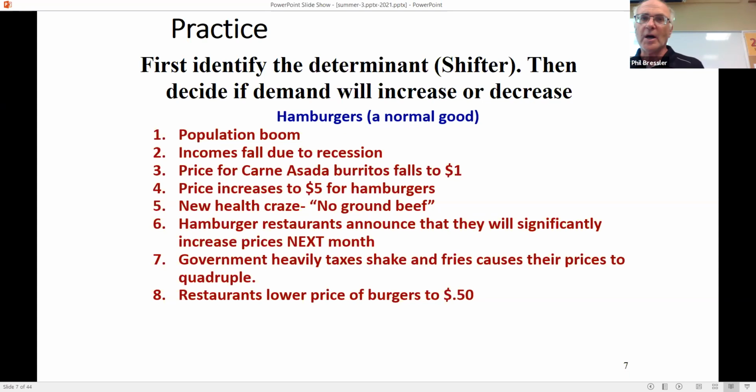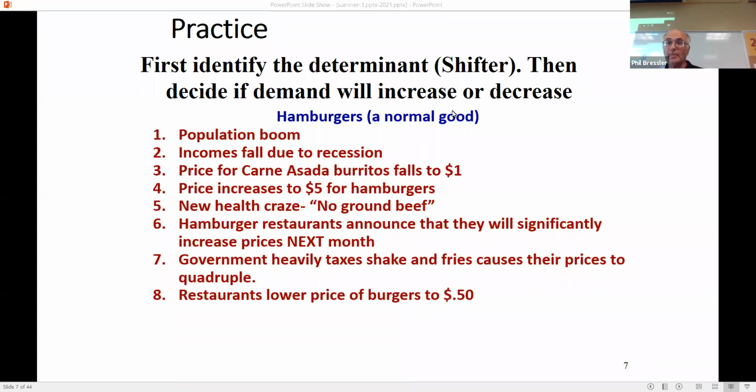Luke, would you know what the determinant would be in a population boom? Let me first answer the question. Someone asked a question in the chat. QD does equal quantity demanded. Wouldn't it be an increase in demand because the market is increasing?